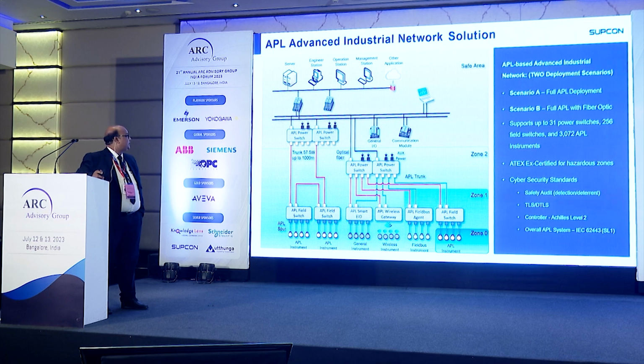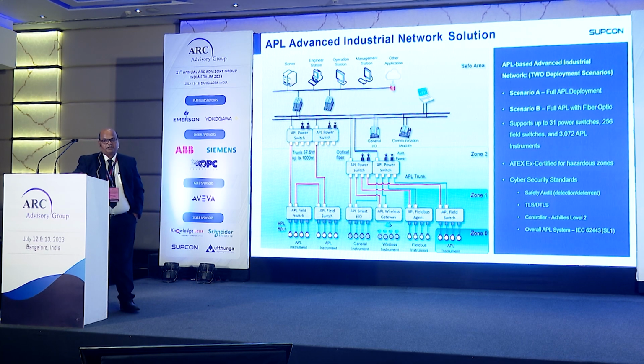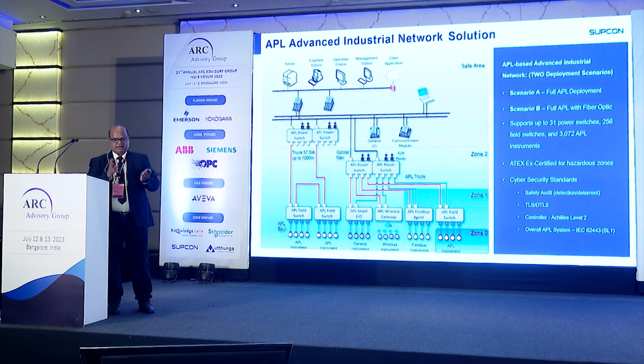This is the APL advanced industrial network solution. Now see, in the safe area zone, you will see this is the normal DCS network. We are having the server, engineering station, operator station, management station, and for the other cloud applications, we are having the software. Then we are having the controller. After that, there are two scenarios.